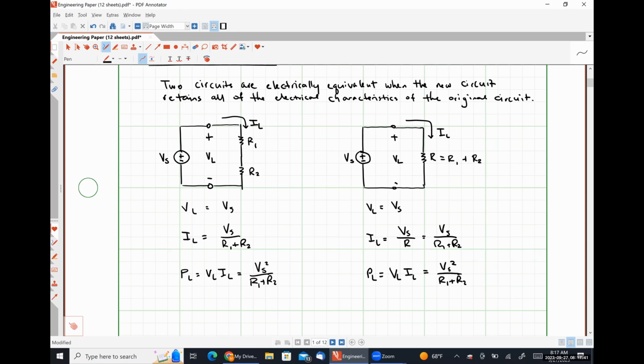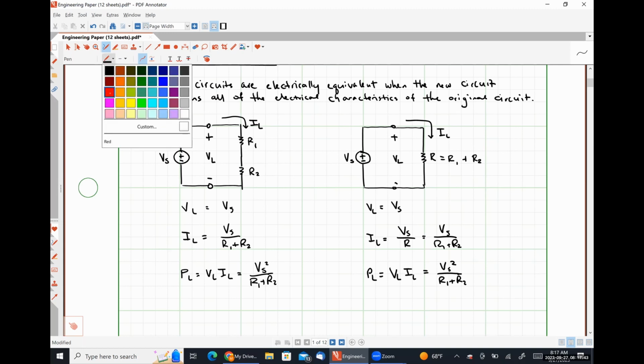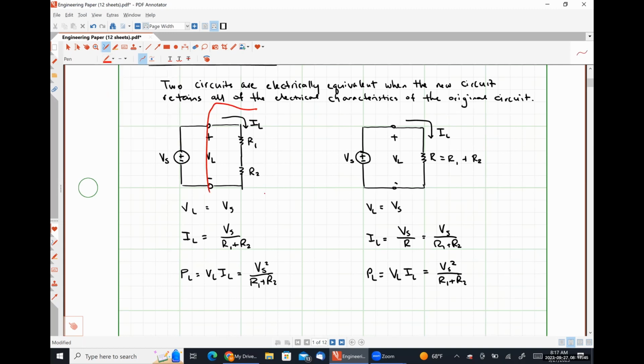So we can say that this network here, containing these two resistors in series, is electrically equivalent to this network over here, containing a single resistance whose value is the sum of those two resistors. And we could do this for parallel, or for literally any combination of resistors that we can determine the equivalent resistance of.